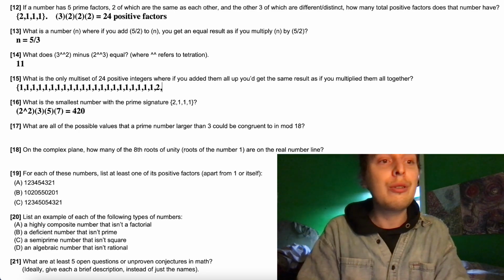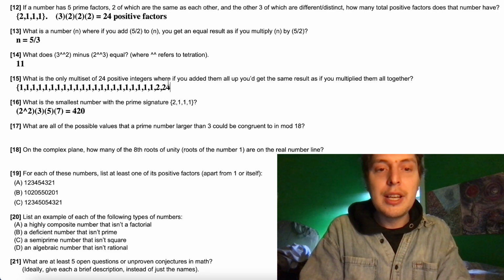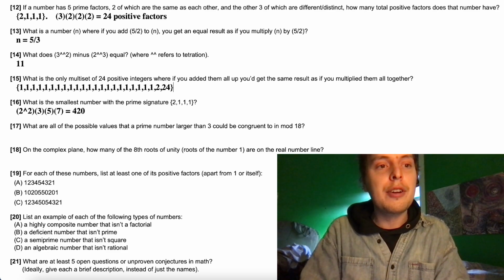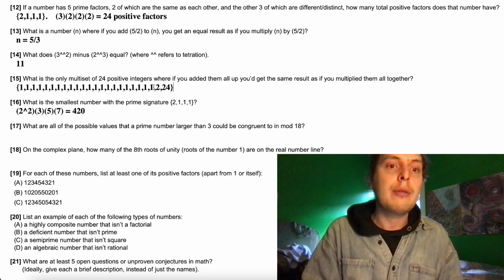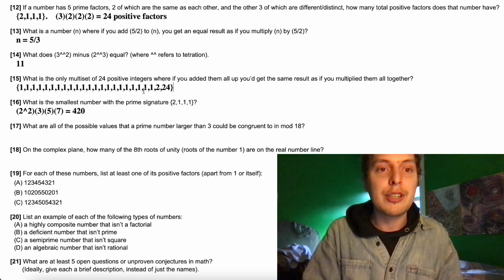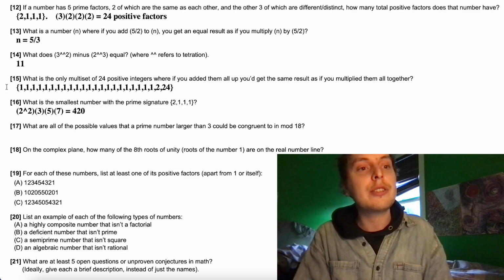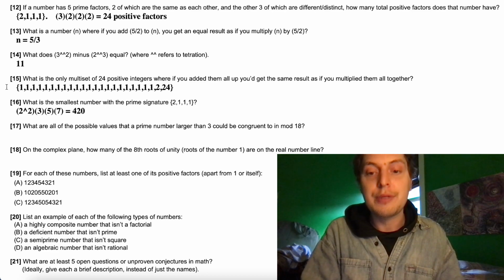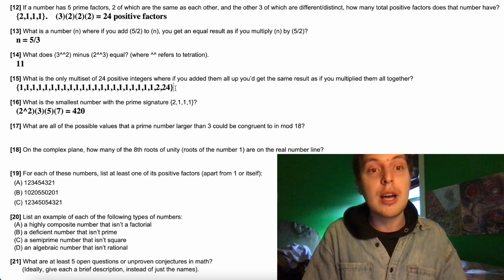Ones, a 2, and a 24. And if we add each of these together, our result will be 24 plus 2 plus 22 by having 22 ones, which gives me 48. And if I multiply these all together, I also get 48. And so this is a multi-set of 24 positive integers that does that.